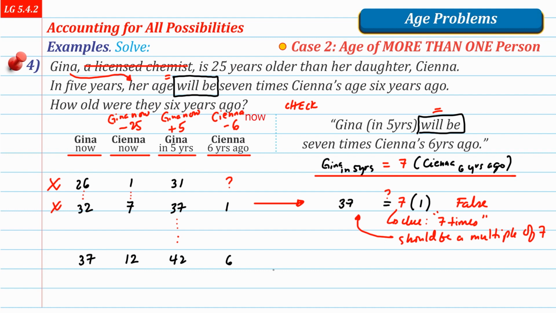It's 6. Okay. Pasok natin. Gina in 5 years is 42. Is it equal to 7 times Shena 6 years ago? 6. Aba! It's true! Yun yung sagot natin.